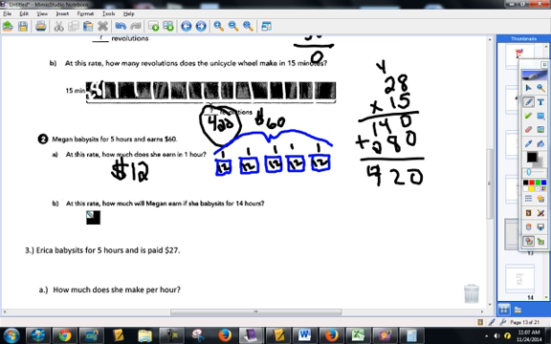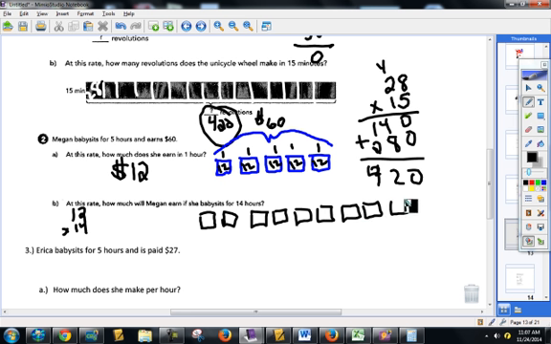Okay. At this rate, how much will she earn if she babysits for 14 hours? Well, hopefully you know that it's just 12 times 14. But if we were going to model it, we would have to model 1, 2, 3, 4, 5, 6, 7, 8, 9, 10, 11, 12, 13, 14. Okay, and you know that each one is representing 12.